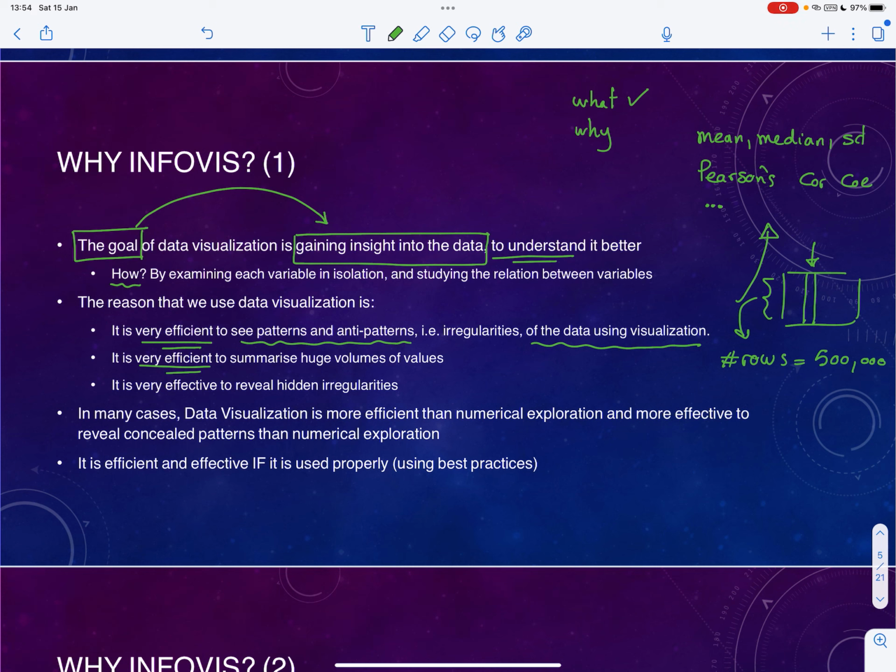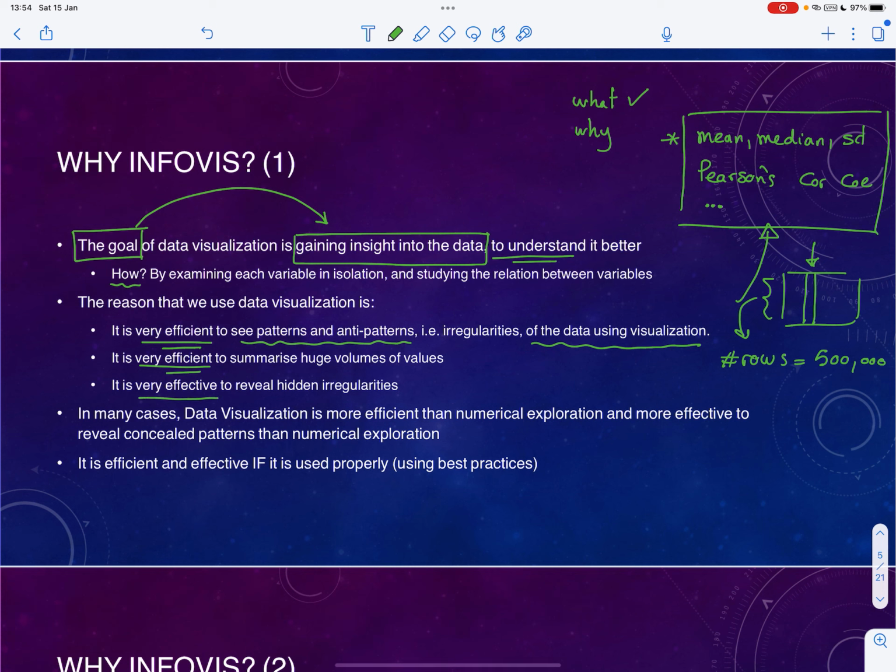It's impractical. You might say that, okay, I'm using mean, median, standard deviation. Yes, that's very helpful. But sometimes it is very difficult to see the patterns and irregularities even using the numerical tools.